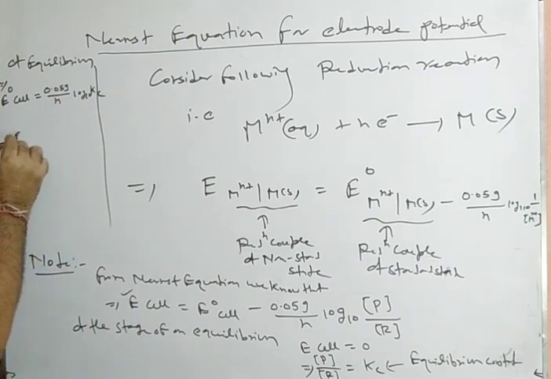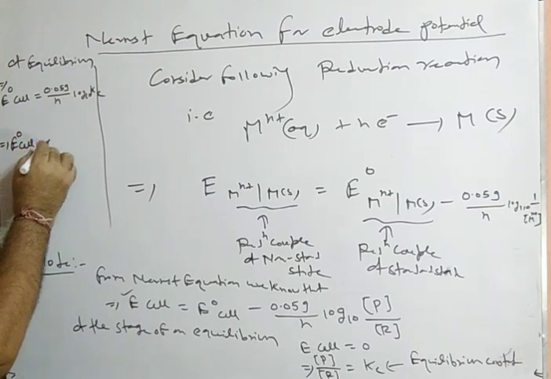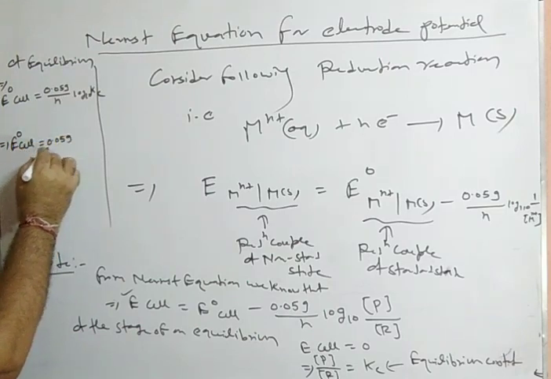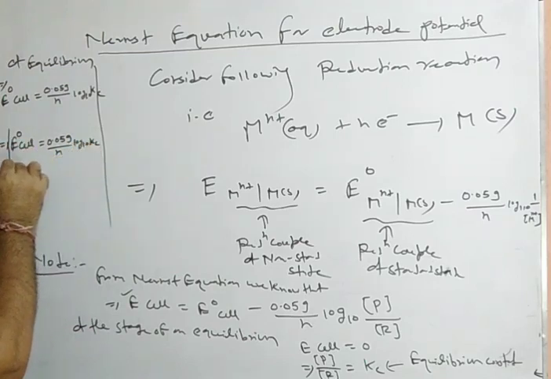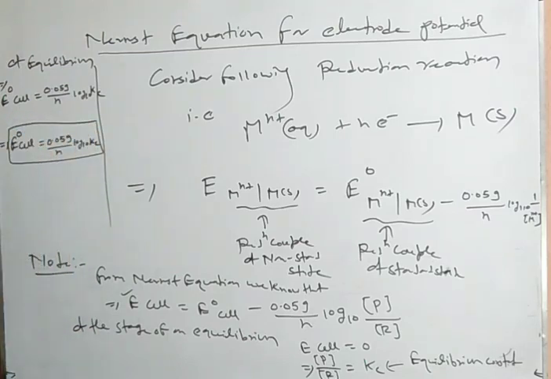That is, E naught cell equals 0.059 by n log base 10 Kc. This is the equation with which we can find out the equilibrium constant value with the help of E naught cell.